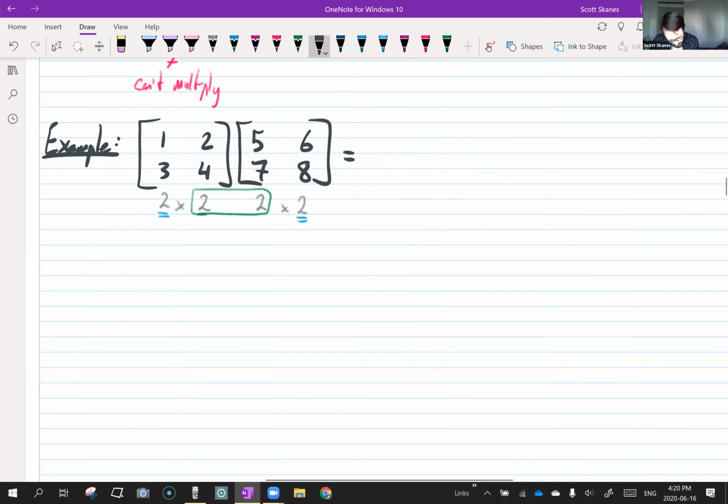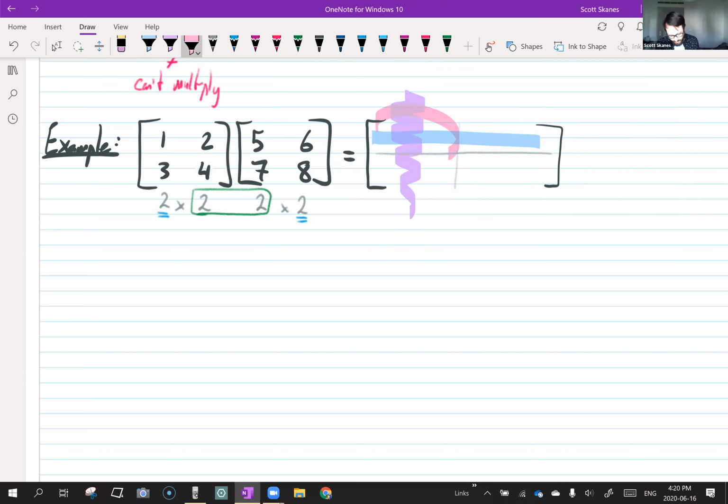The problem is, it can be a little bit tricky to know how to multiply. So this is where you need to pay very, very close attention, okay? This is how you do it. If you want the element in the first row, first column, look at the first row in the first matrix and the first column in the second matrix.